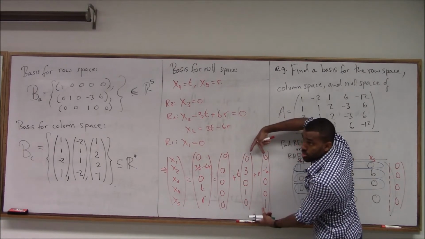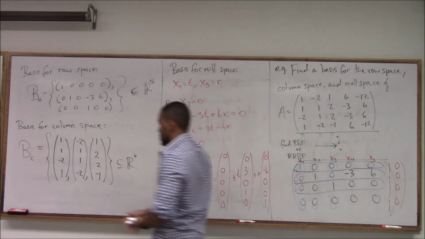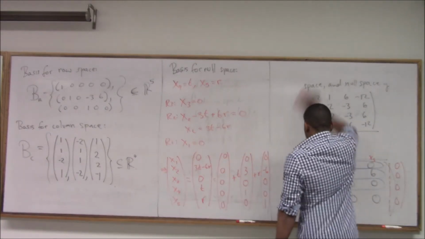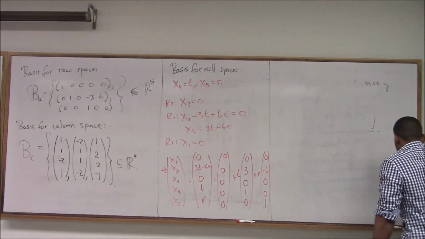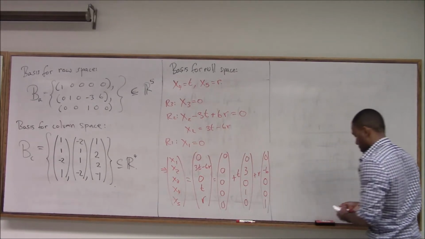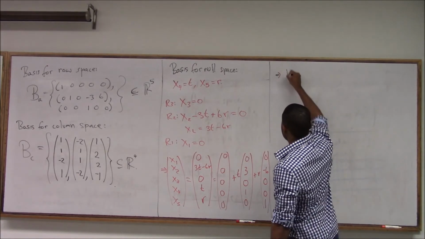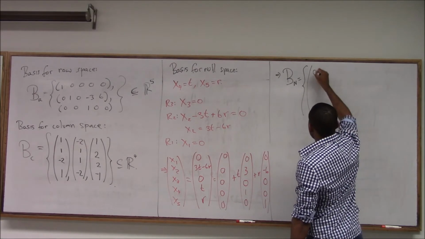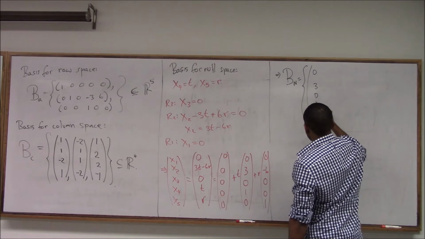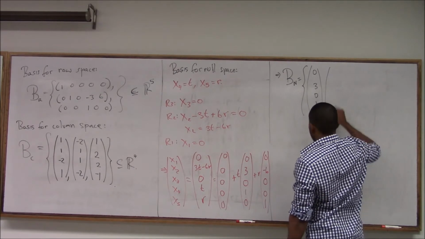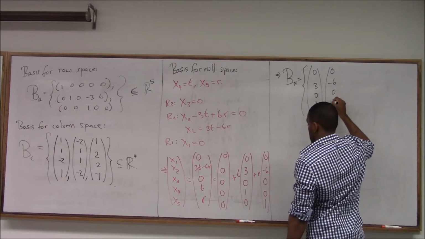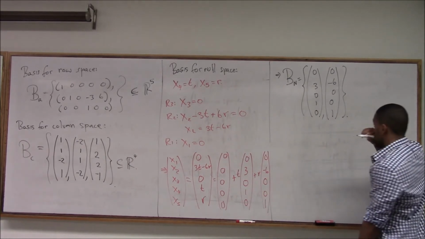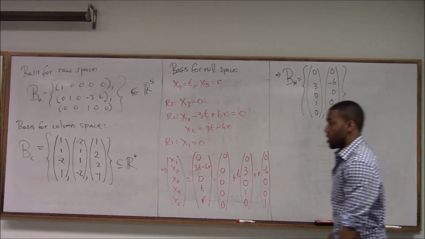And so these two vectors form a basis for the null space. So this means a basis for the null space would be 0, 3, 0, 1, 0 and 0, minus 6, 0, 0, 1. So the null space is a two-dimensional subspace of R5.